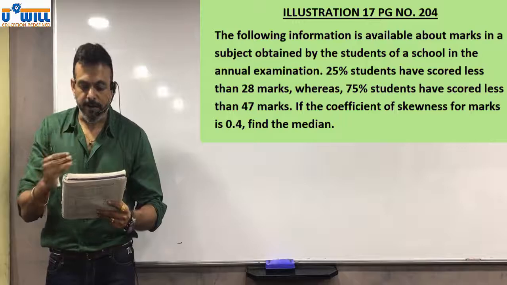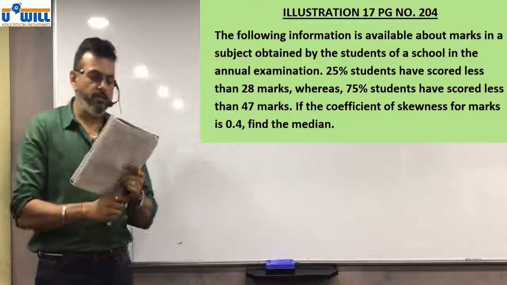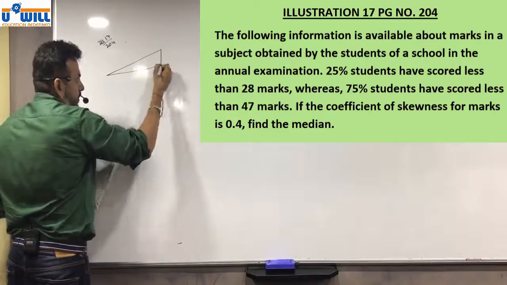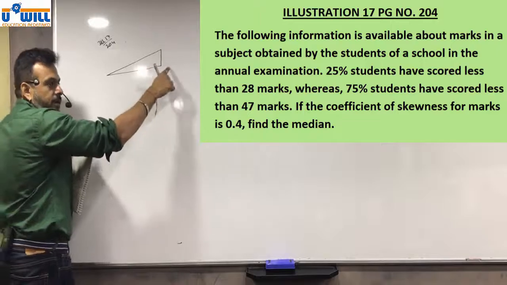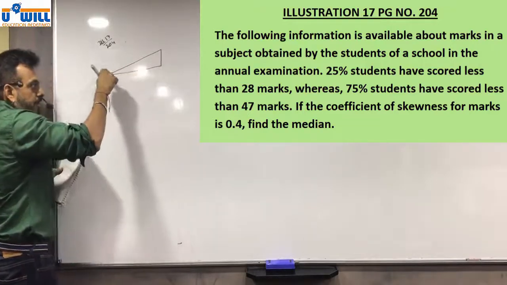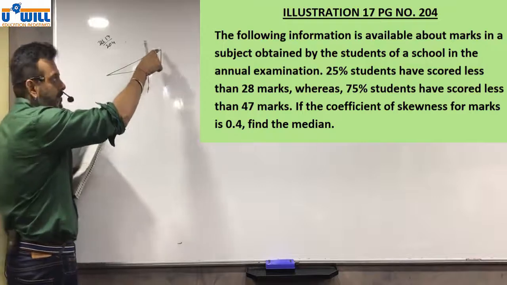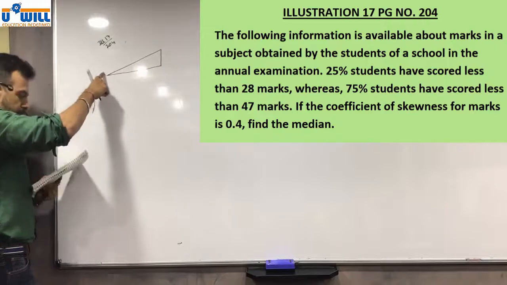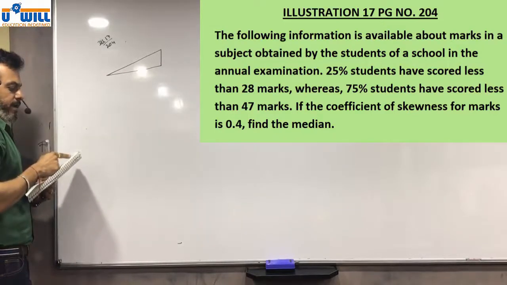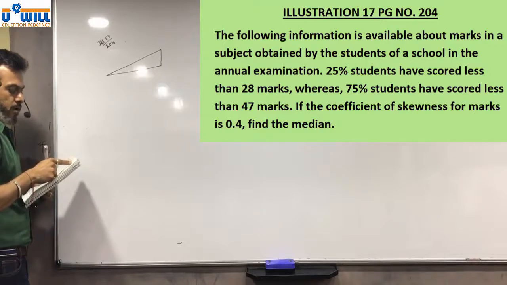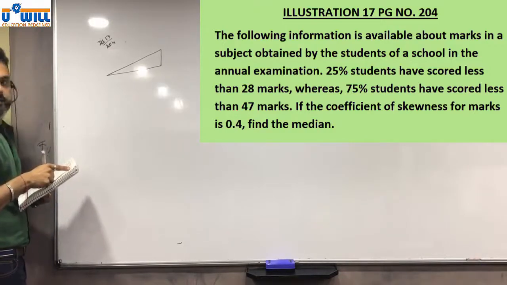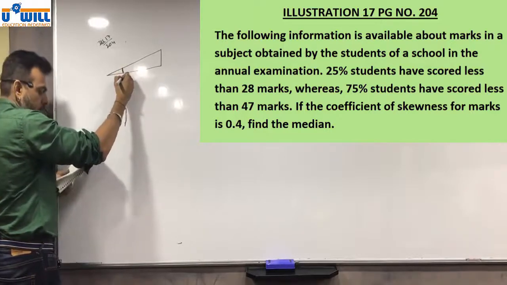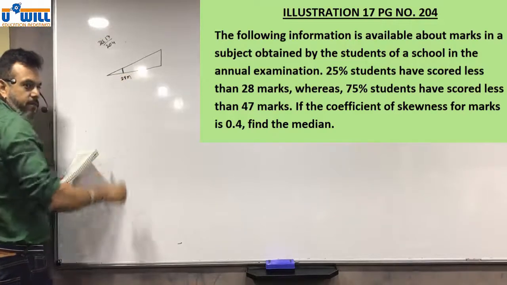Now first of all, let's understand what is this 25%, 75%. Pay attention. I arrange the data in ascending order. These are my students and these are their marks. This is minimum marks and this is maximum marks, meaning the student who got the highest marks is here and the one with the lowest is here. Now it is given that 25% students have scored less than 28 marks.